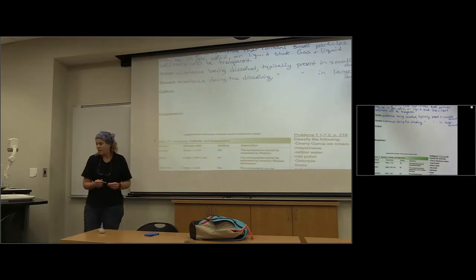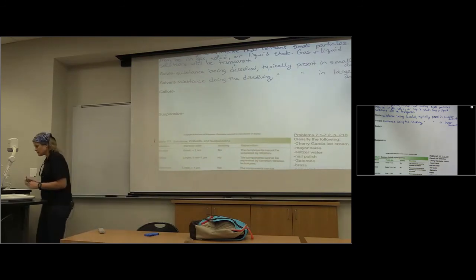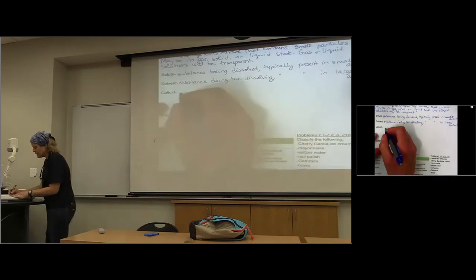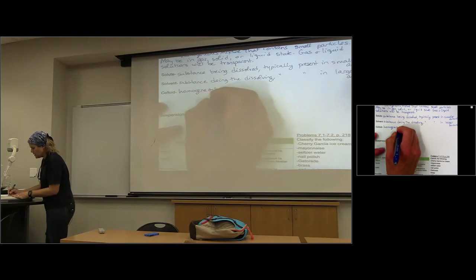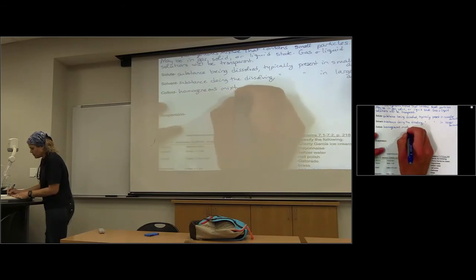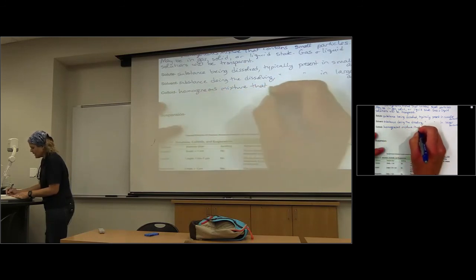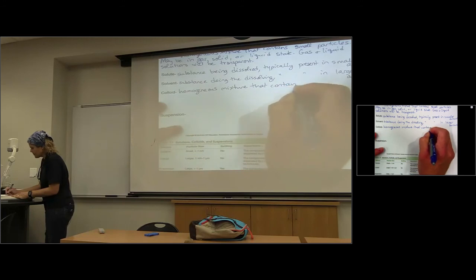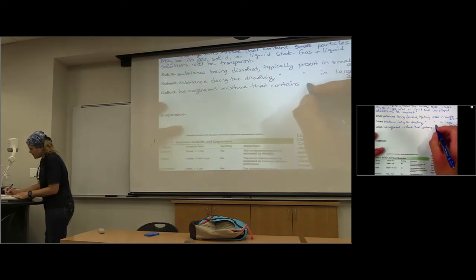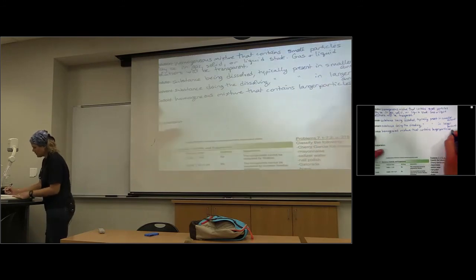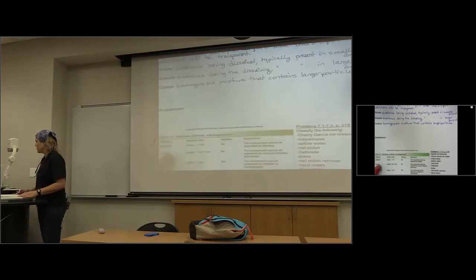Colloid. A colloid is still a homogeneous mixture that contains larger particles. Now when I say larger, I'm meaning larger than a solution, okay? So relative to each other here.